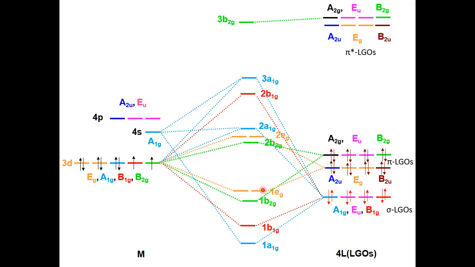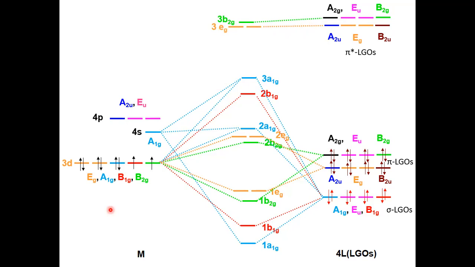We would expect a bonding pair of doubly degenerate molecular orbitals with that symmetry type and an antibonding pair of the same symmetry type. In addition, there are also these EG orbitals here, but they again remain largely non-bonding because they are energetically too far away.